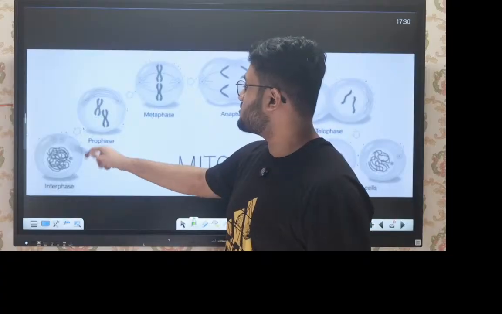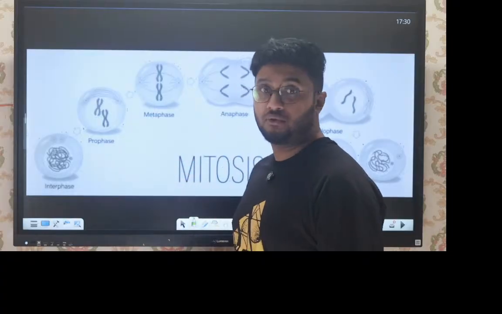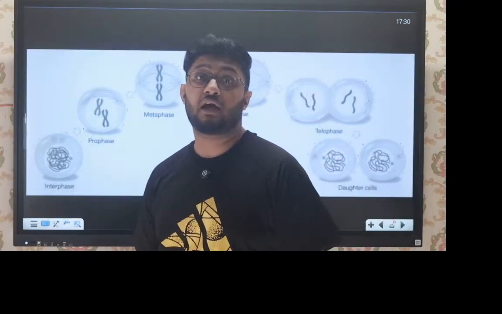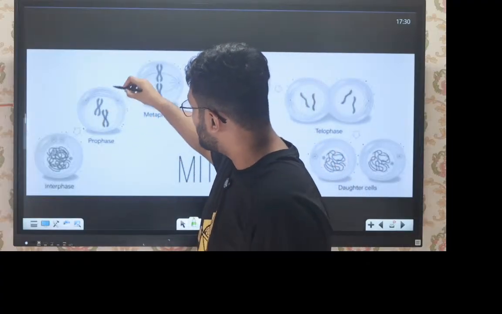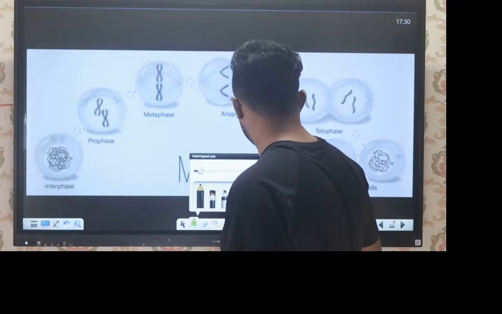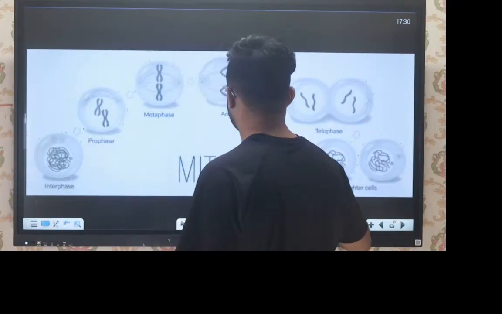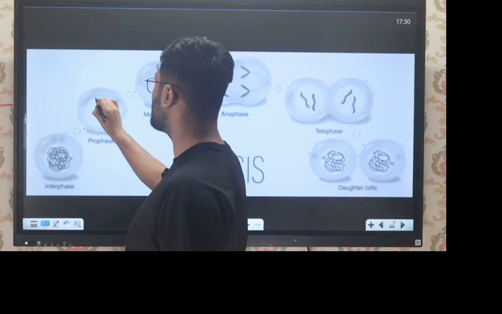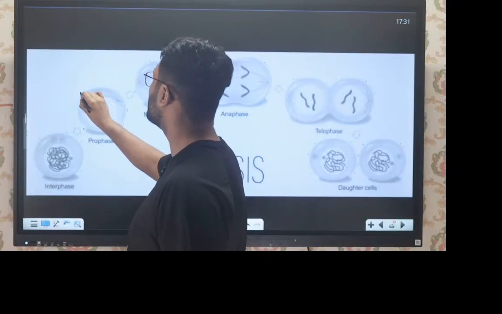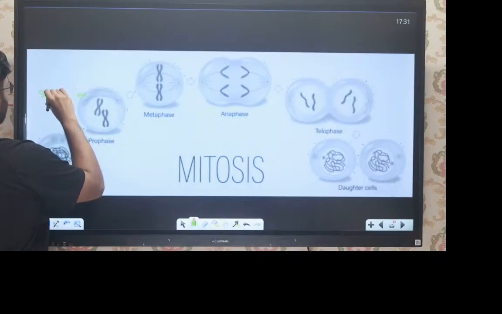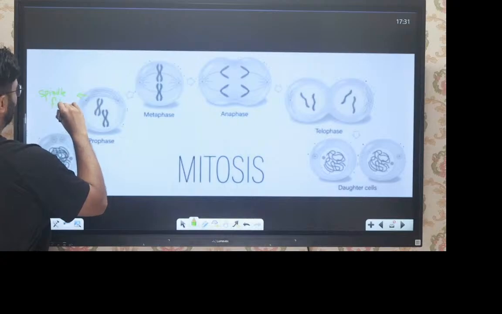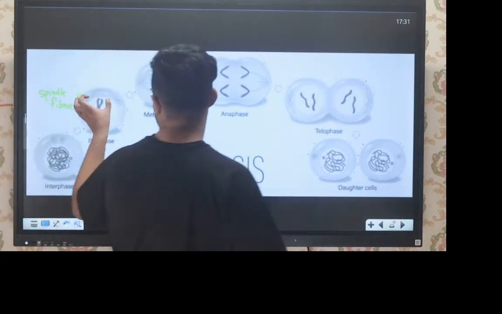Okay, interphase is where we are preparing the whole cell for the M phase, or mitosis phase. So you have the prophase. As you can see in the prophase, you see these fibers? Yeah, these are spindle fibers.